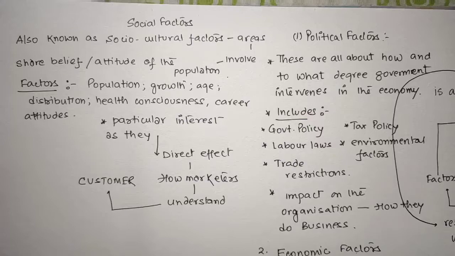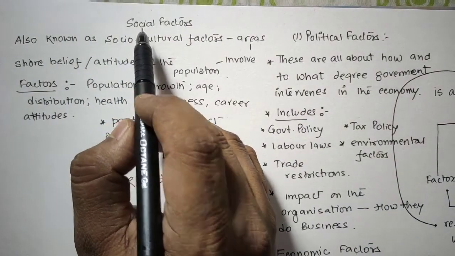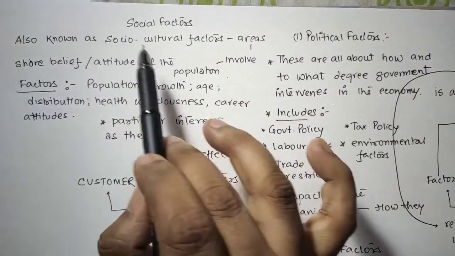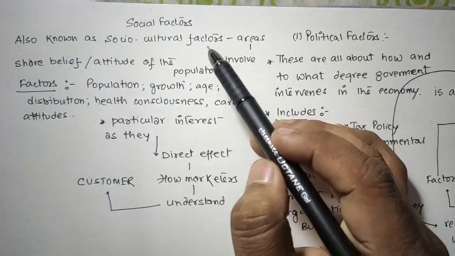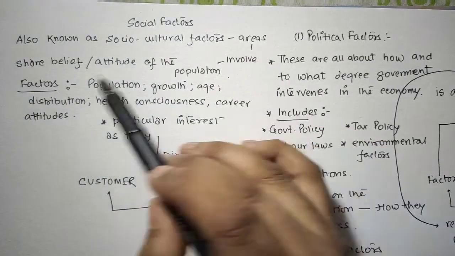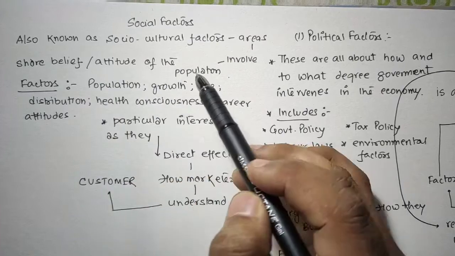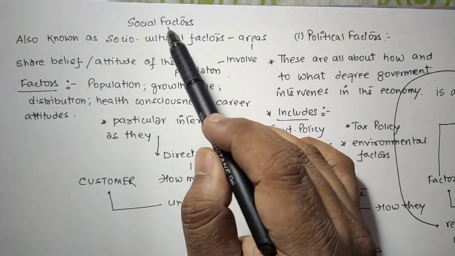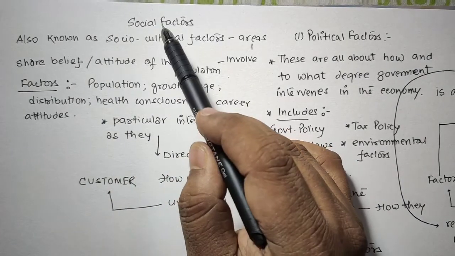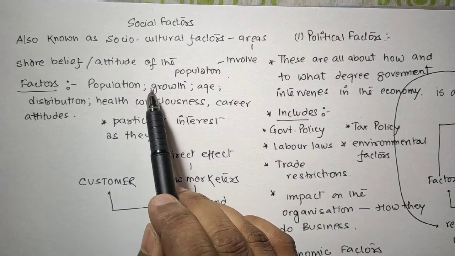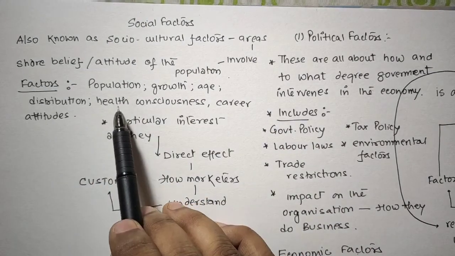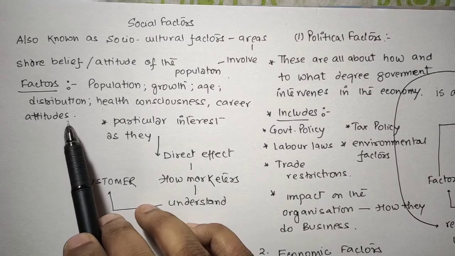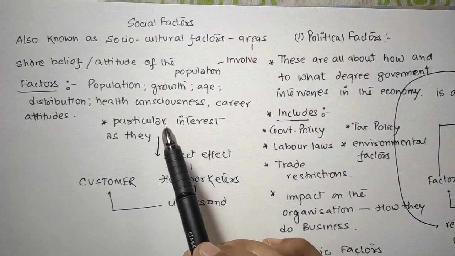Another factor is the social factor. The social factor, also known as the socio-cultural factor, covers the areas that involve the shared beliefs or attitudes of the population. The factors that include social factors are population growth, age distribution, health consciousness, career attitudes, and so on.